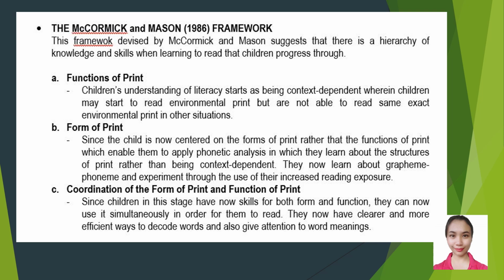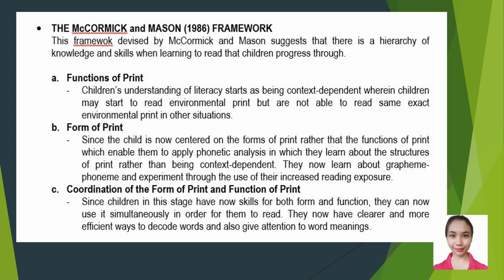Another framework for the emergent literacy stage was offered by McCormick and Mason in 1986. They suggested that children progress through a hierarchy of knowledge and skills in learning to read.